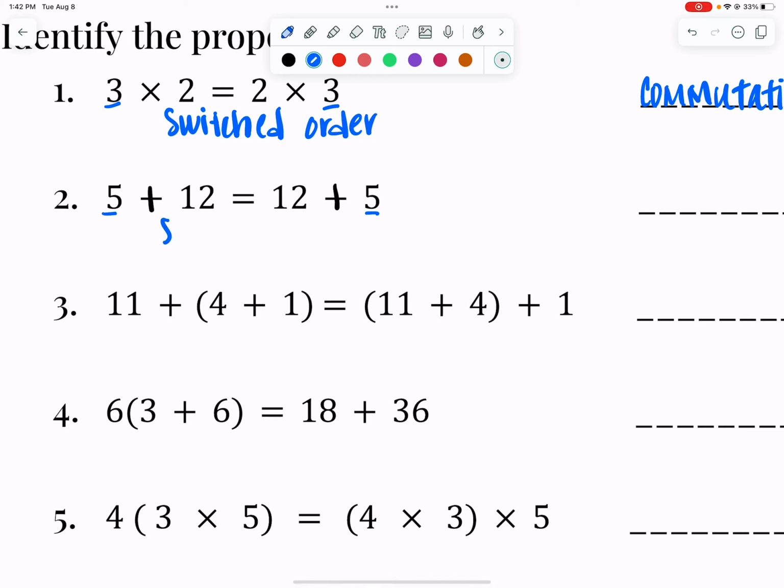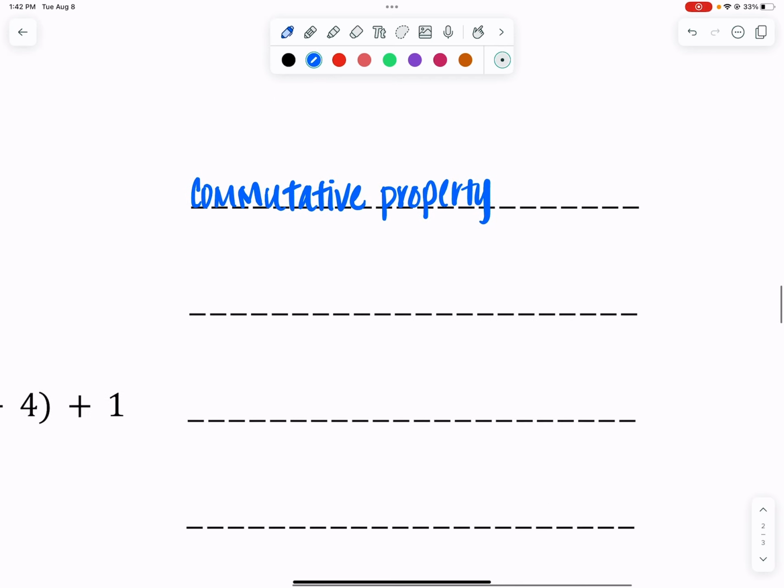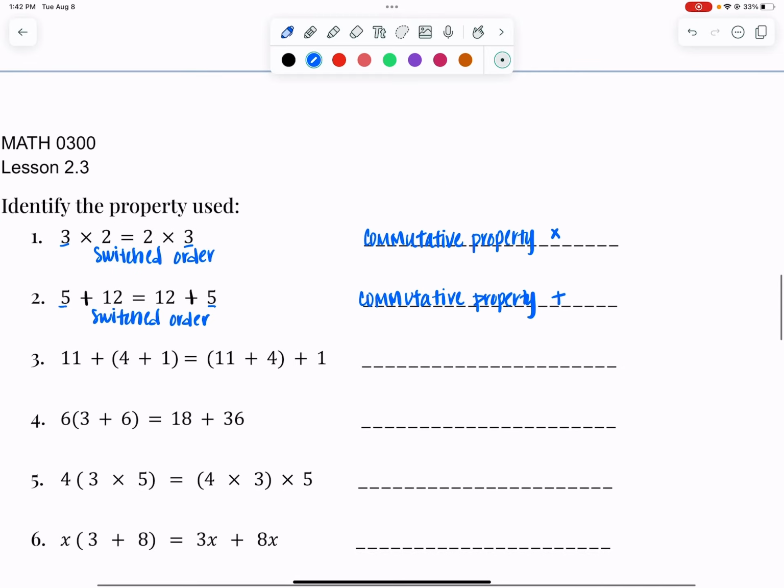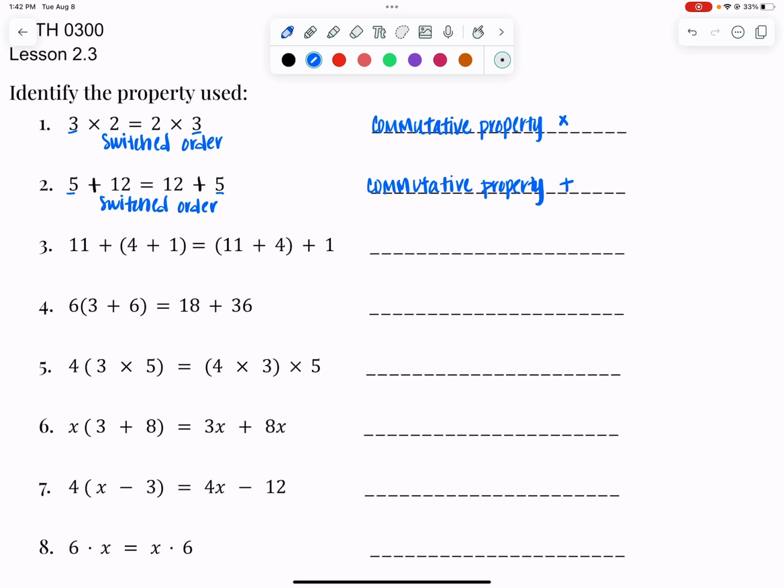This time, because we're adding, this would be commutative property of addition, and I'm going to put multiplication on that first one. Right, let's take a look at what changes.